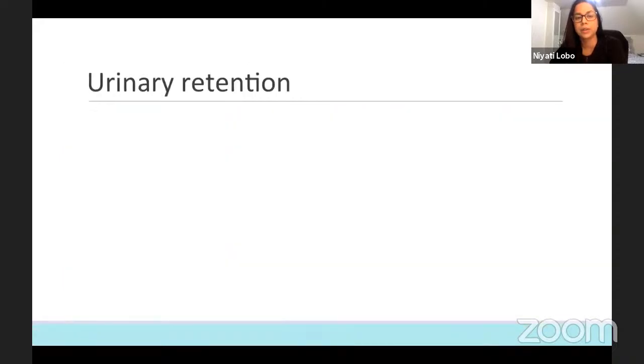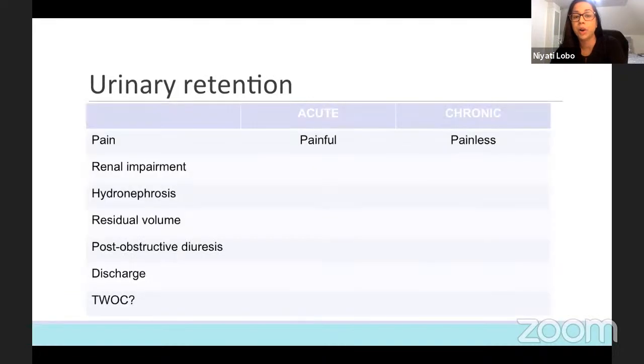Right, okay. Urinary retention. When I was in medical school, probably as an F1, I definitely don't think I knew that there were 2 types of retention, but there are. There is acute retention and chronic retention. And chronic retention, there are two types as well, but I think we're going to keep it super simple because you definitely don't need to know about that.